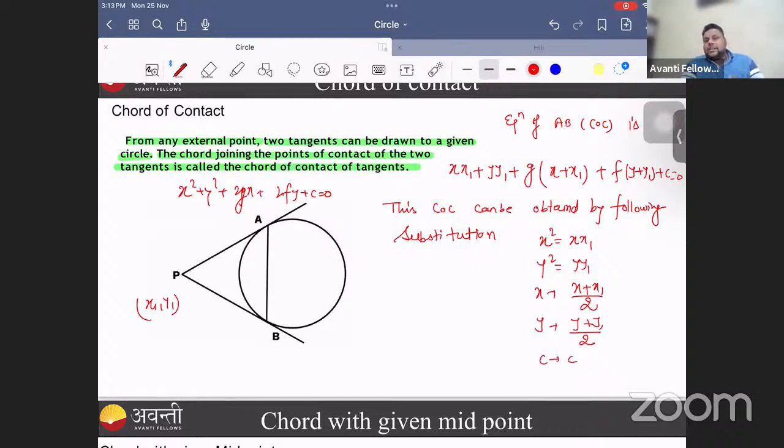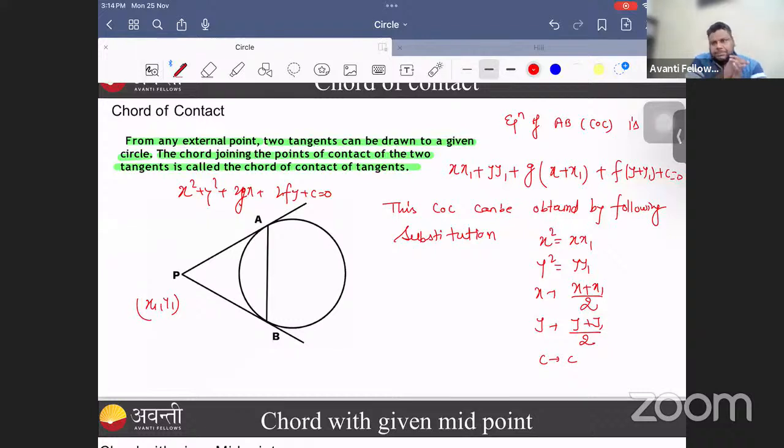Am I clear? Now you must be thinking that this is exactly the equation of the tangent. Yes, it is. But the difference is, it will be a tangent if this x1, y1 point is lying on the circle, and it will be a chord of contact if the x1, y1 point is lying outside the circle.